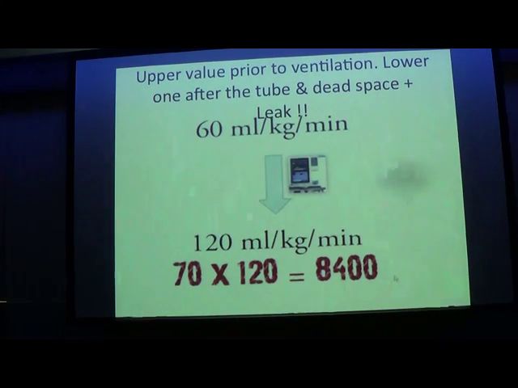Now, when we get intubated and sick, the requirement of the volume increases to double due to anatomical and physiological dead space plus the circuit dead space. It just goes double. So if you give 120 ml per kg per minute, suppose you are 70 kg, you need a minute ventilation of 8,400 ml.